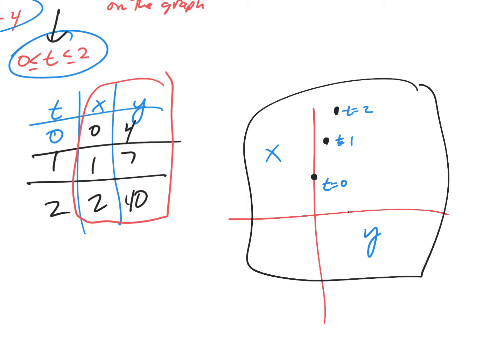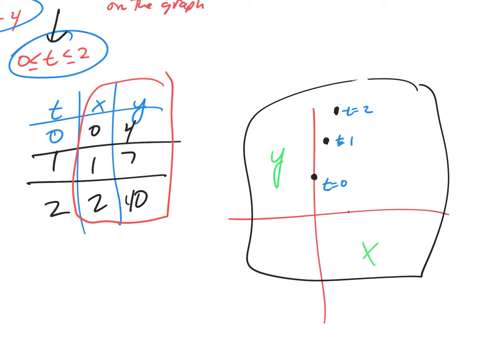I can say, where was it at time 2? And you can tell me two things. At time 2, it was at this, and I shouldn't have labeled the x there, my bad. X is here, y is here, sorry. And then that spot would be at 0, 4. No, that's 2, sorry, 2, 10. 2, 10, there we go.